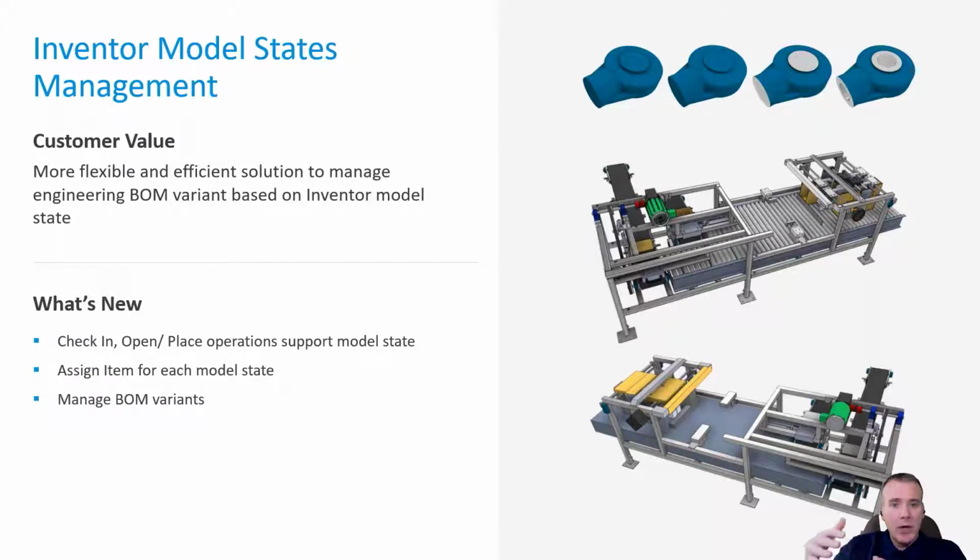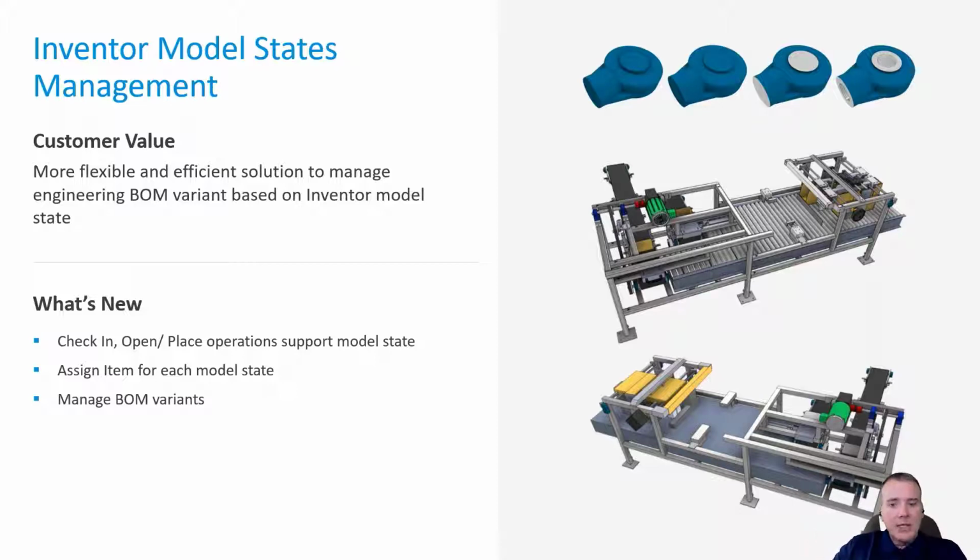So not only can you keep track of the fact that this thing has got model variations, you can place different variants of the part or the assembly from Vault directly, open directly into one of those model states, but it's also integrated with the Vault item master. So a single document in Vault now can be the primary associated file to more than one item, which is necessary if you're using model states.